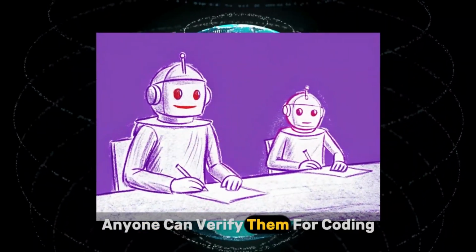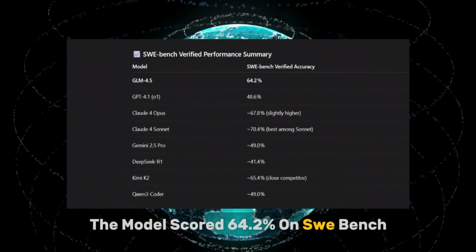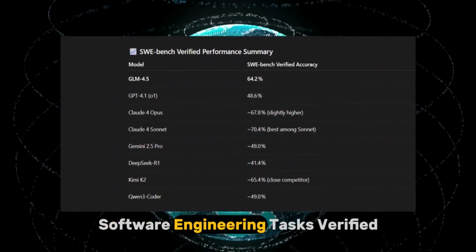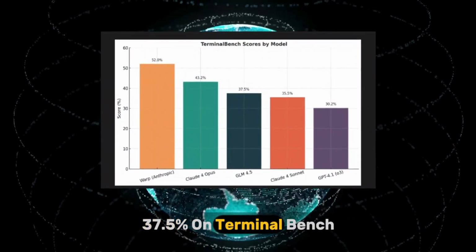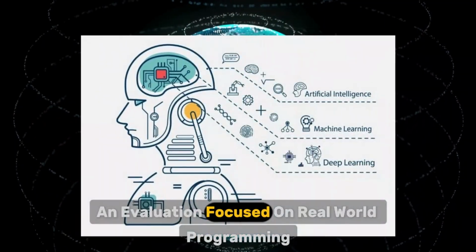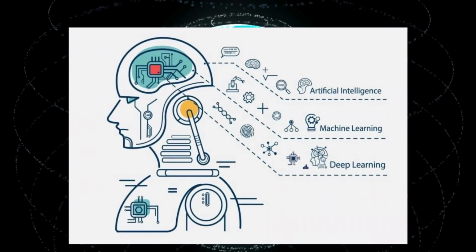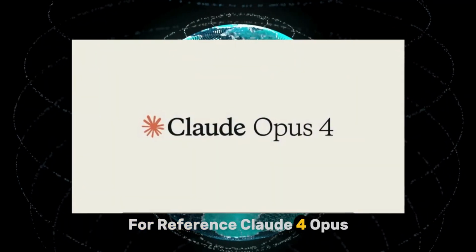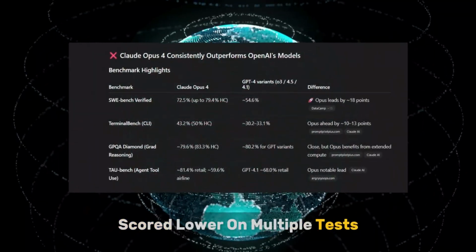Anyone can verify them. For coding, the model scored 64.2% on SWE-bench Verified, software engineering tasks, and 37.5% on Terminal-Bench, an evaluation focused on real-world programming workflows in command-line environments. For reference, Claude 4 Opus, OpenAI's biggest Claude competitor, scored lower on multiple tests.